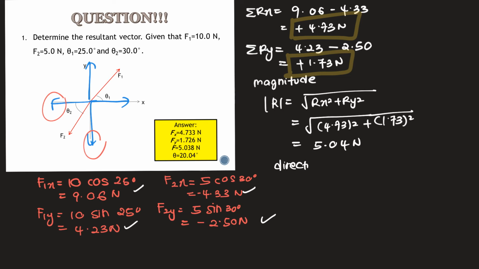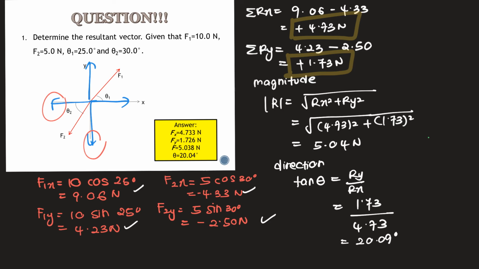Once you find the magnitude, you need to find the direction. I'm using tangent theta, so Ry over Rx, so 1.73 over 4.73. So the angle is 20.09 degree. The last step will be what? Yes, definitely you need to draw.